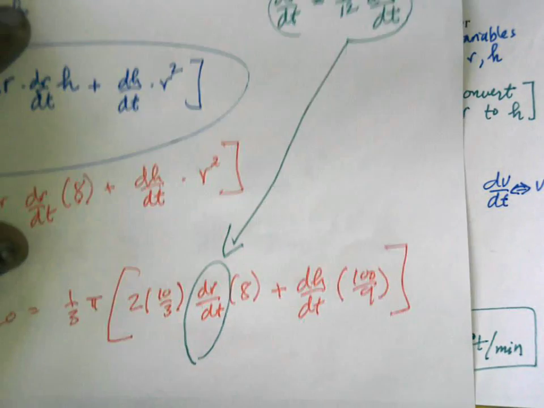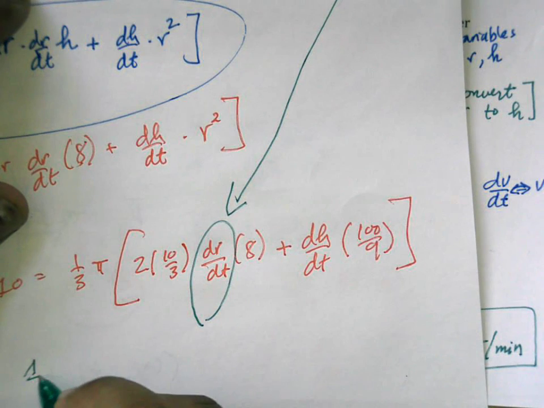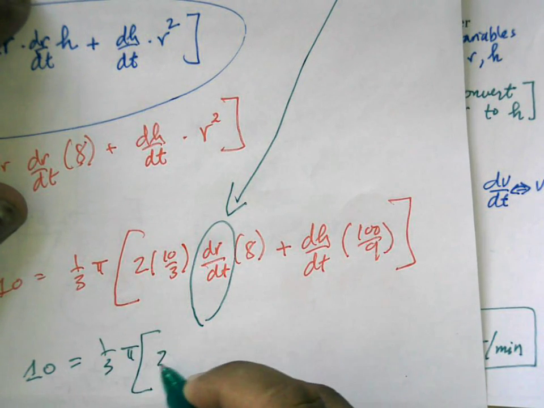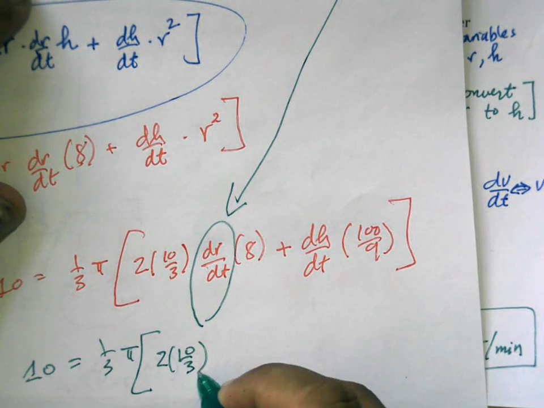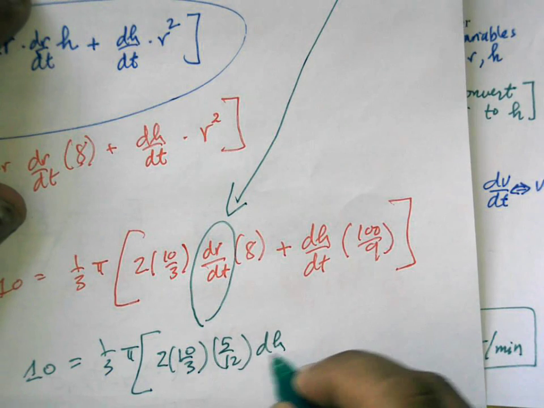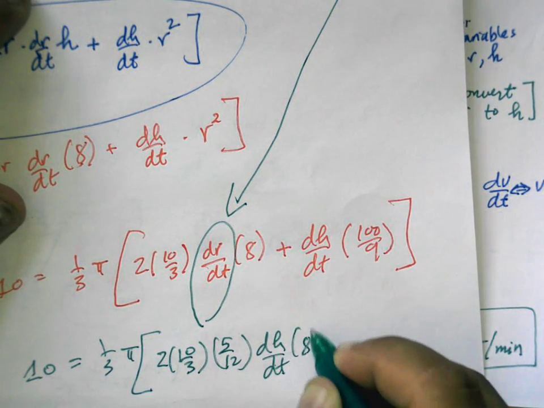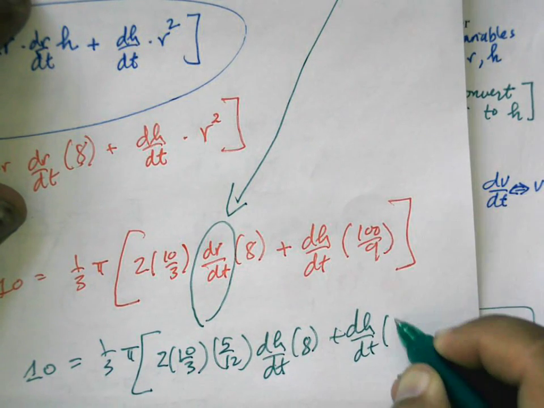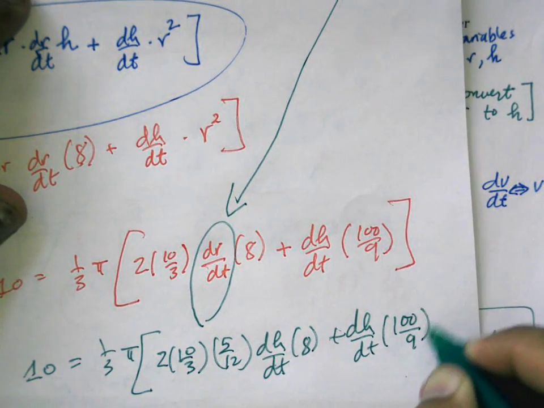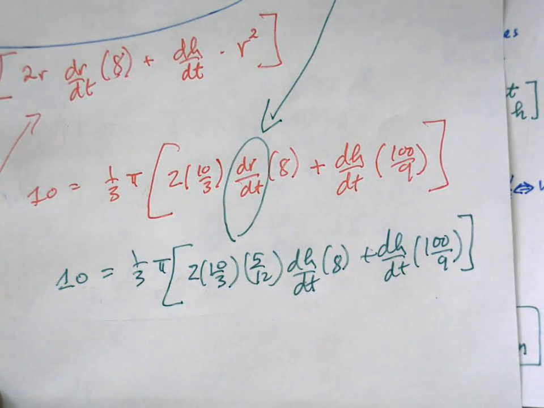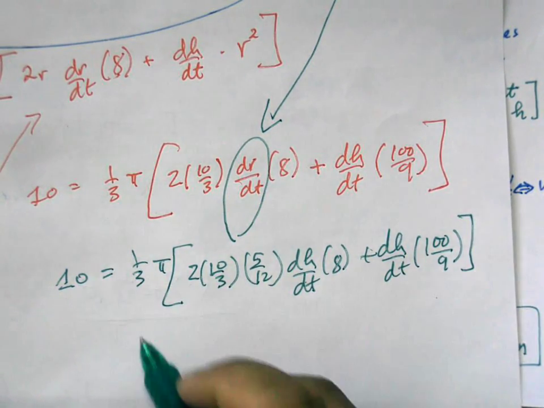So now I get 10 equals 1/3 pi times 2 times 10/3 times 5/12 dh dt times 8 plus dh over dt times 100/9. And now we just have to take this problem and solve for dh dt.